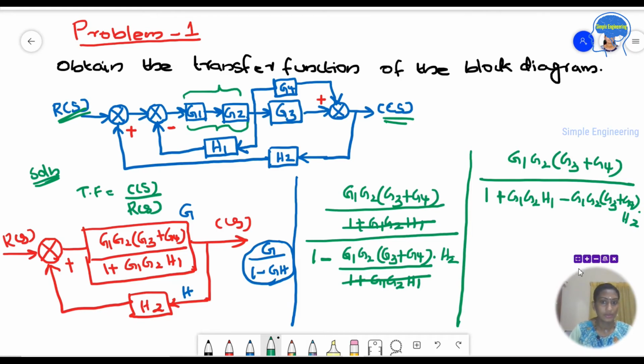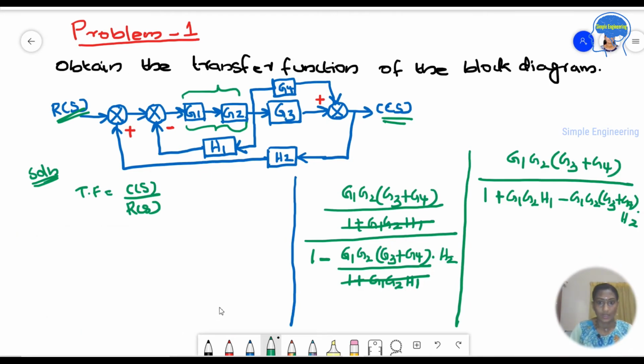With this you are just reducing the block, so we have to draw it.